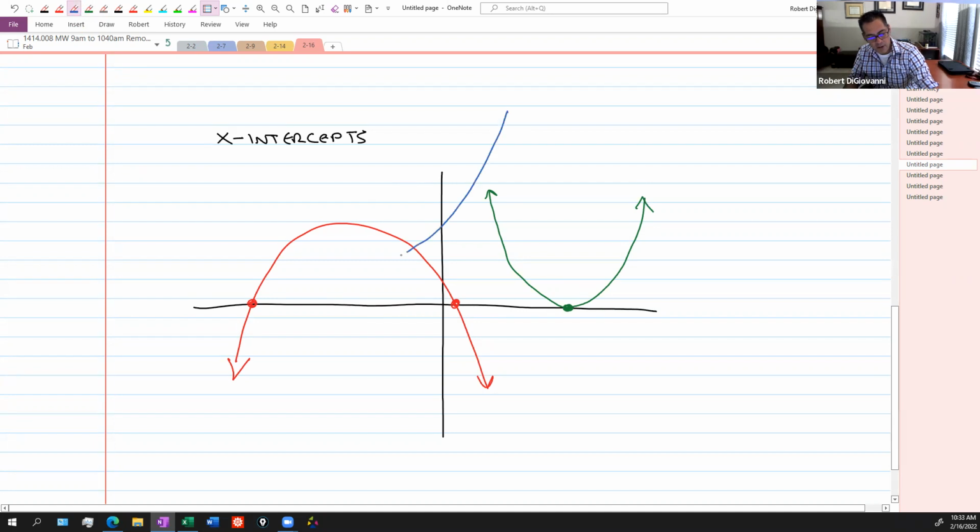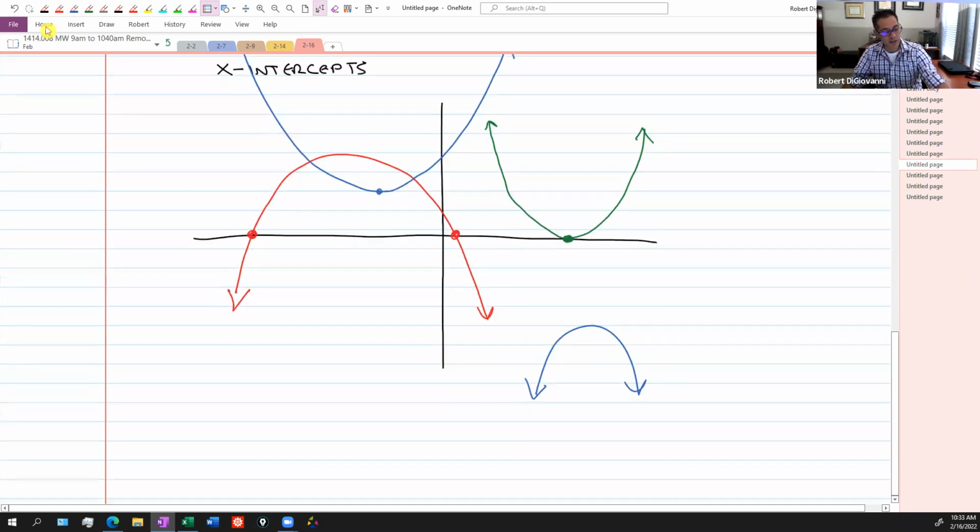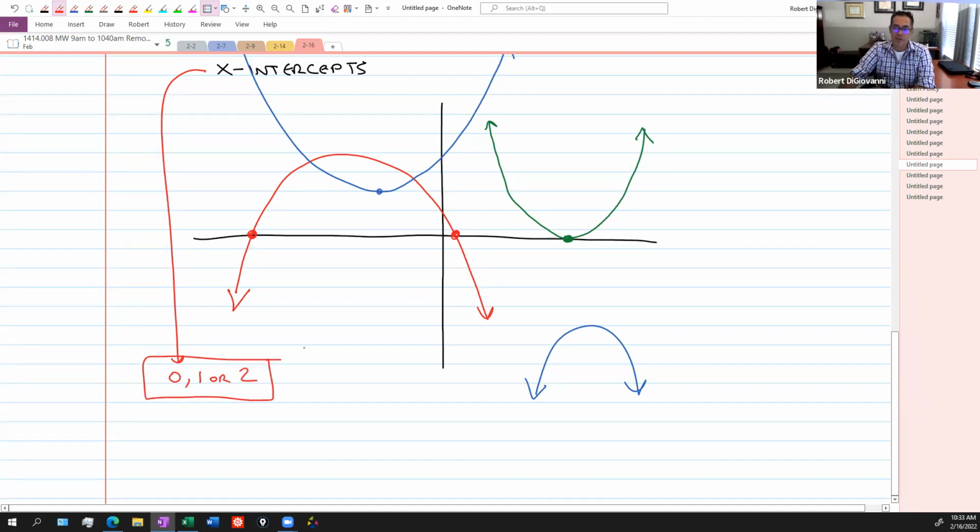If I draw this parabola, I'm never going to hit the x-axis. Or I could have one that opens down and looks like that, and I would never hit the x-axis. So when it comes to x-intercepts, we can have 0, 1, or 2. Those are the only possibilities, and it just depends on the parabola itself. Okay, let's talk about y-intercepts.